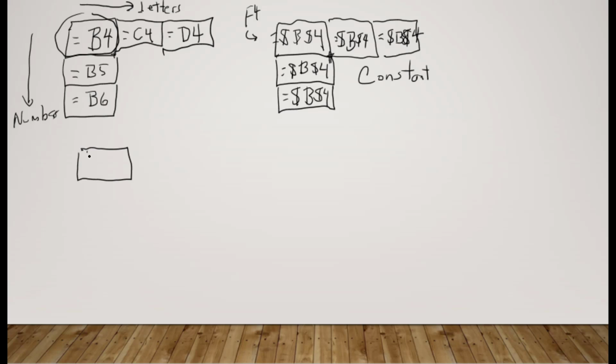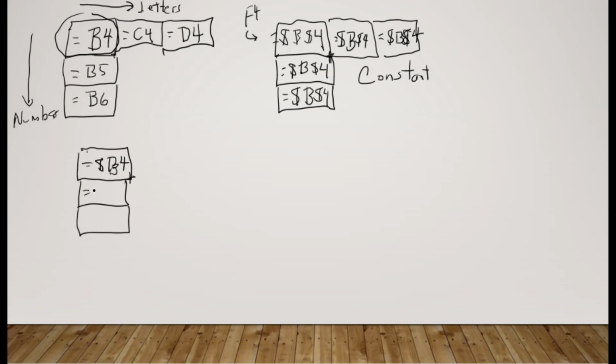Now here's our third one. This one I'm going to put equals $B4. I'm going to fill this one down too, using the black fill bar in the bottom right hand corner, and this is what's going to happen.